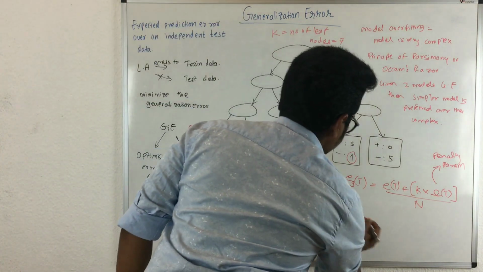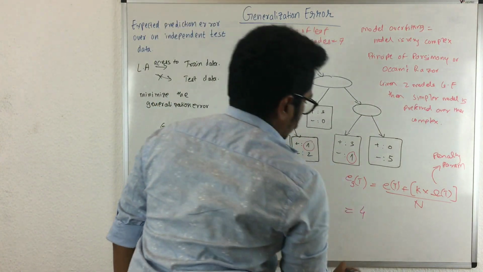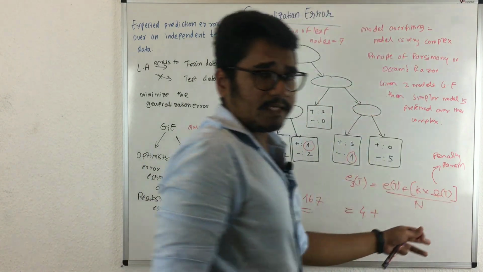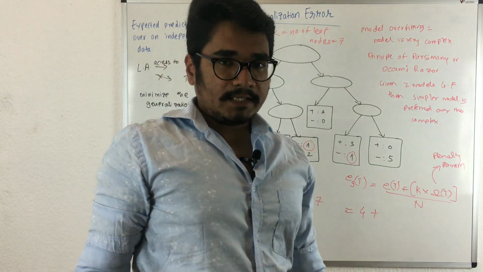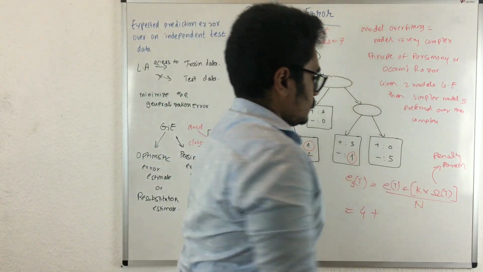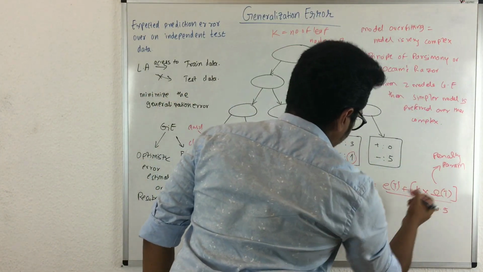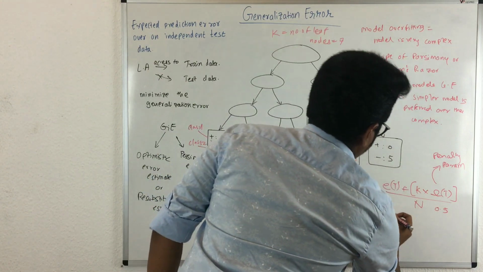So we have 4 from here, and this omega t, the penalty parameter, is decided by the user itself. It can be, for example, 0.5, and k here is 7.